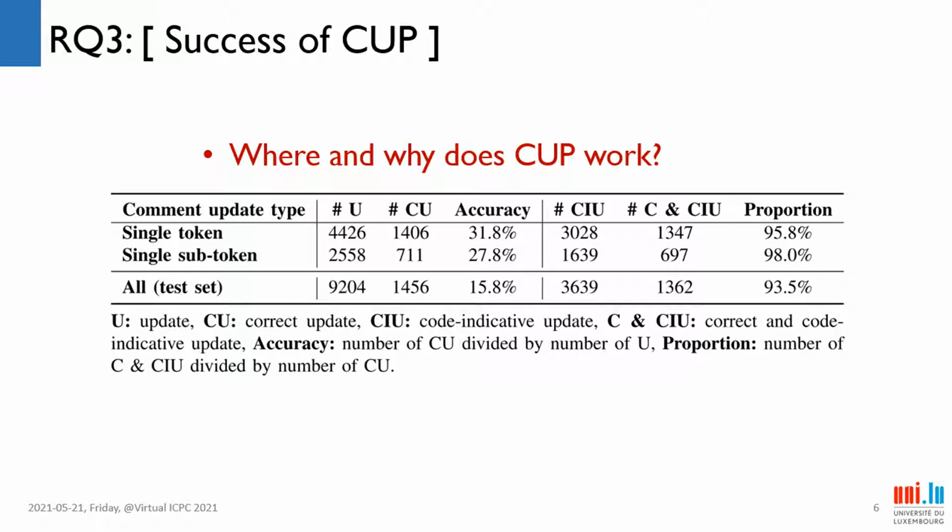In this section, we try to find out where and why CUP works well. First, we find CUP is far more effective on single token and single subtoken updates than on all cases. Its accuracy is 31.8% and 27.8% respectively, nearly twice the average value on the whole dataset.